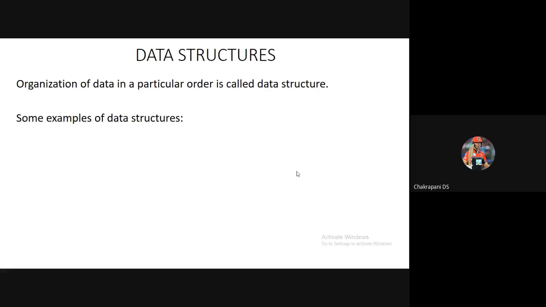The definition of data structures is very simple: organization of data in a particular order is called a data structure, as the name itself indicates. Now, what do you mean by data?